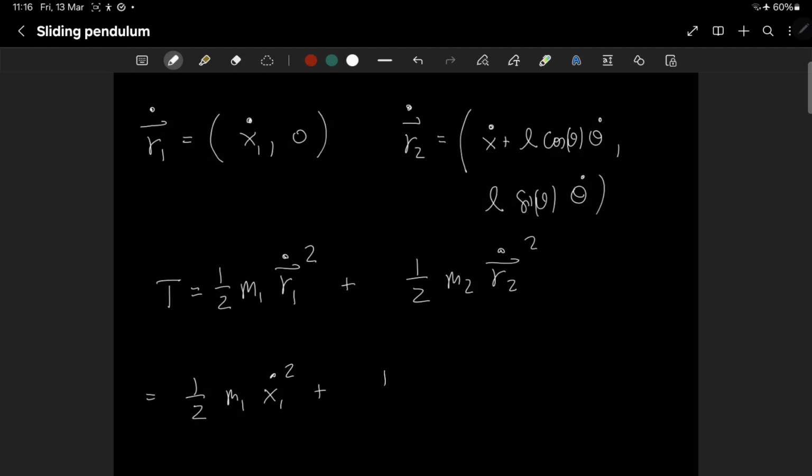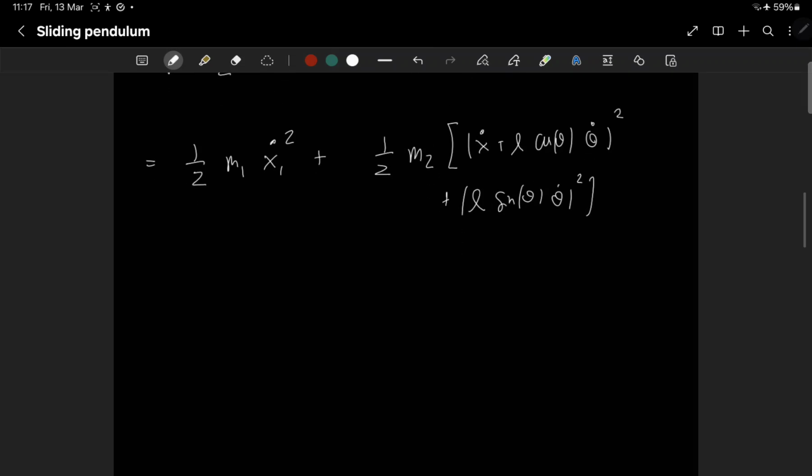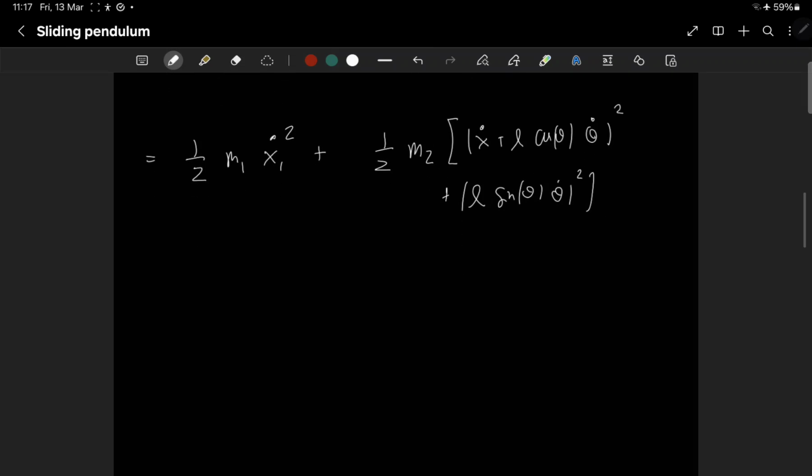Plus 1/2 m2, and now we need to square the x component and the y component. So we have x dot plus L cosine theta theta dot, squared, plus L sine theta theta dot, squared. Now we're going to simplify this a little bit.